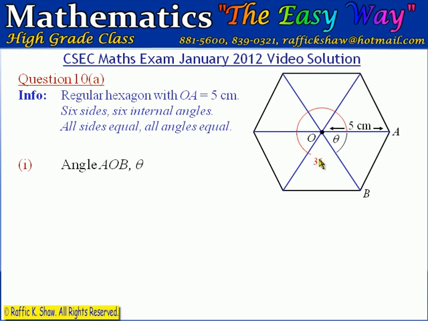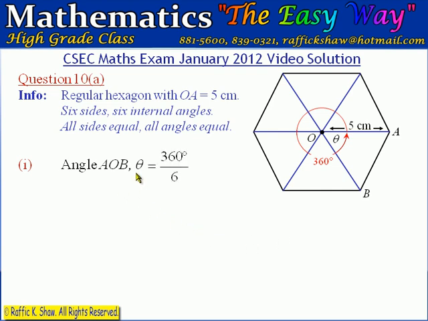We can form a circle around the center, and the total angle in that circle is 360 degrees, but then there are 6 equal angles inside here, and each one will be equal to theta. And so if we divide the 360 by 6, we would have calculated the angle AOB, which we have marked as theta. So let's show that calculation.